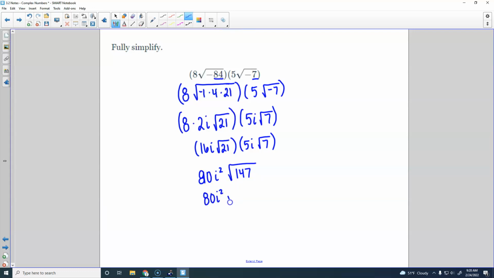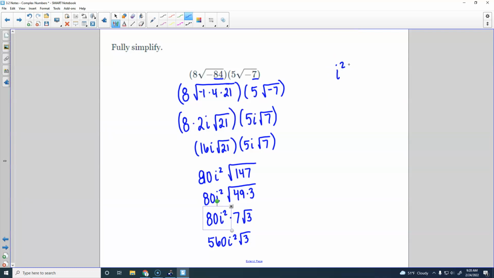So 80i squared, it's going to be 49 times 3, so we break it down. And then that's going to give me 560 i squared. Now, I've left the i squared all along. What is i squared?